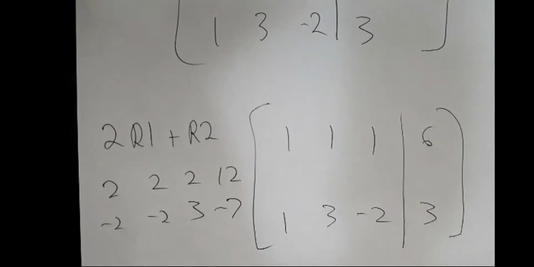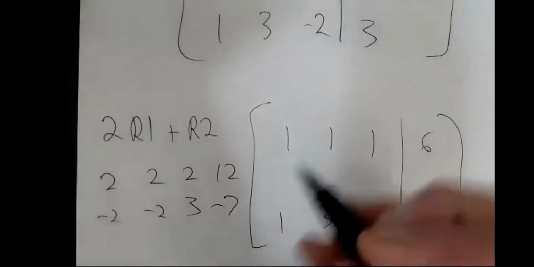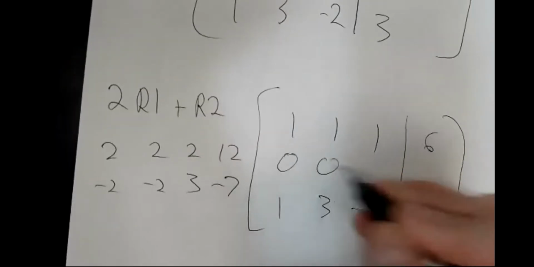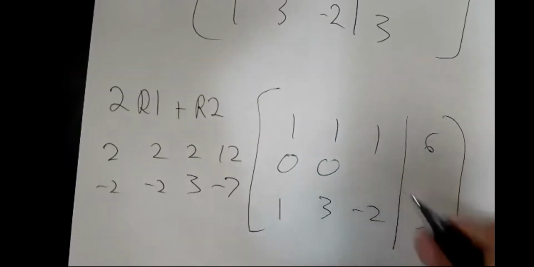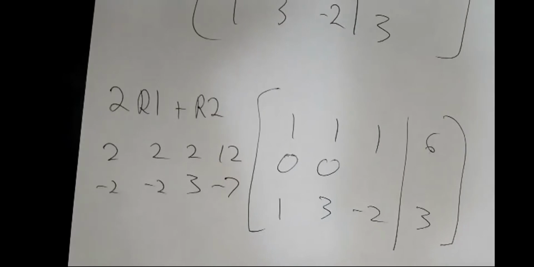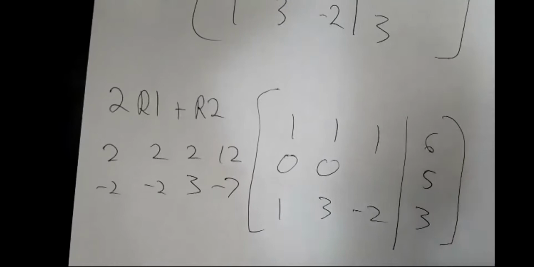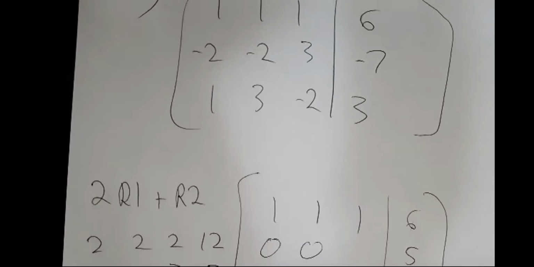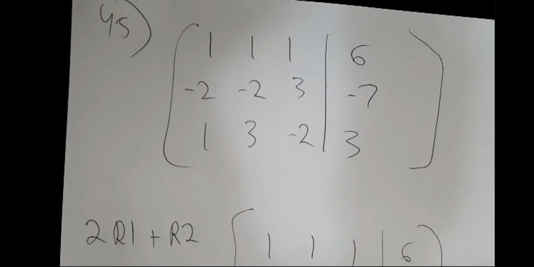What's the first thing? 0, 0, 1, and then 5. What is the third number? 1. Is that right? I think, 2 times row 1, did I get my numbers and signs correct?